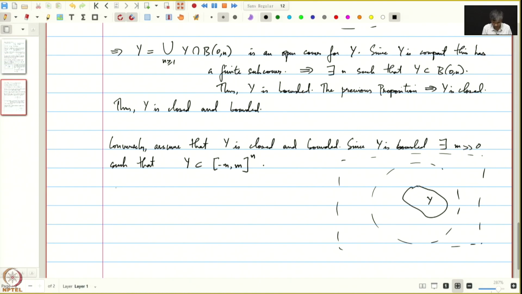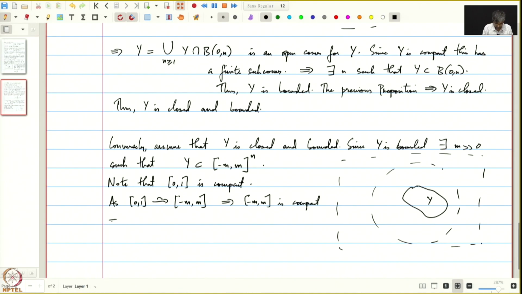Moreover, we proved that [0, 1] is compact, as [0, 1] is homeomorphic to [-M, M]; we can even write a linear homeomorphism. This implies [-M, M] is compact. This implies [-M, M]^n is compact.